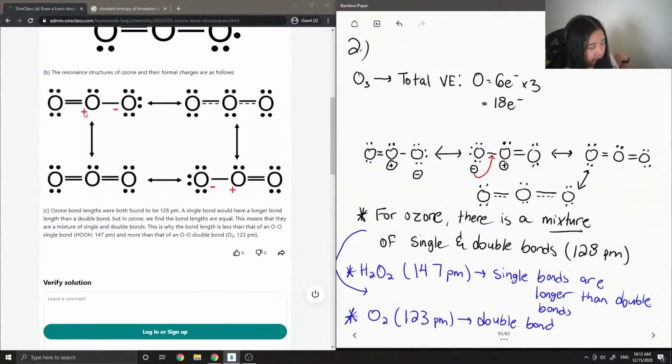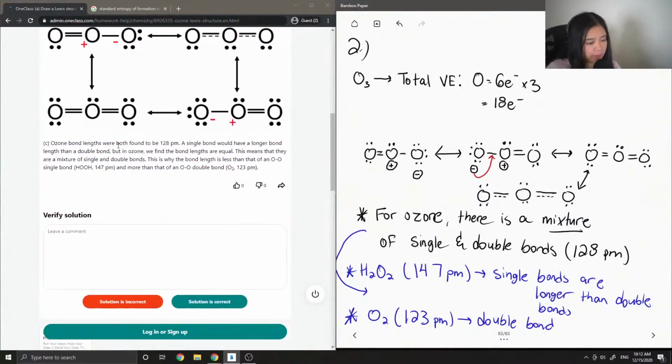And you can show that the double bond can be on the left oxygen or it can be on the right. Or you could have all 3 of the oxygens having a double bond. And for part C, the junior tutor said ozone bond lengths were found to be 128 picometers.